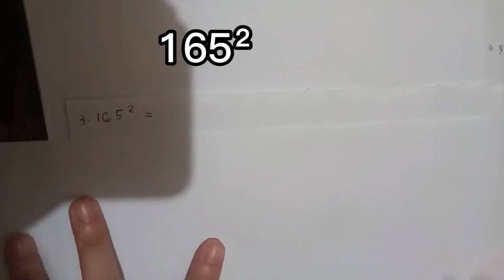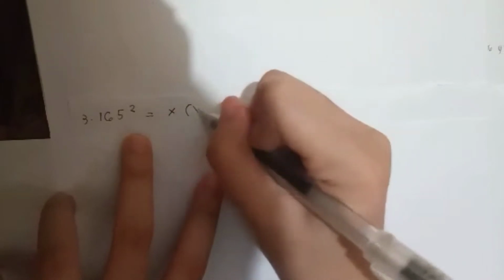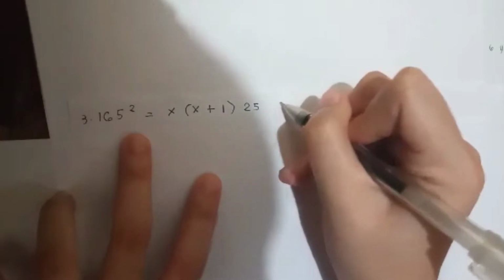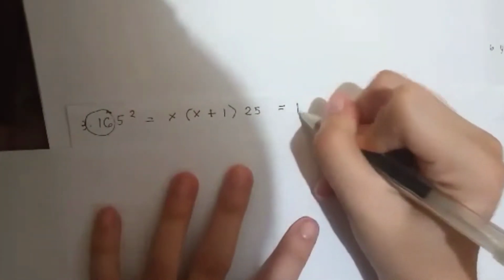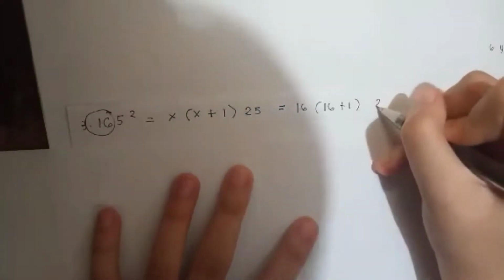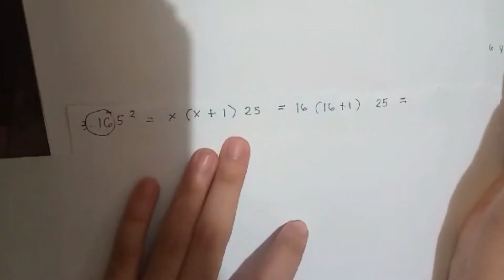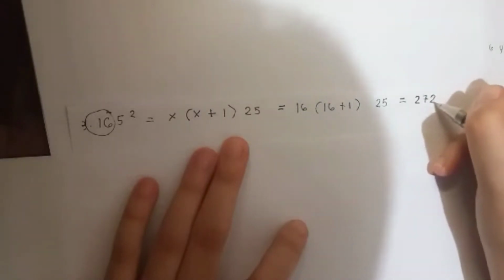The third example that we have is 165 square. So we have to copy the formula x times x plus 1 and the 25. So the x here is the number before the 5. So we have 16. So the 16 times 16 plus 1, copy the 25, which is equal to 16 plus 1 is 17. 16 times 17 is 272.